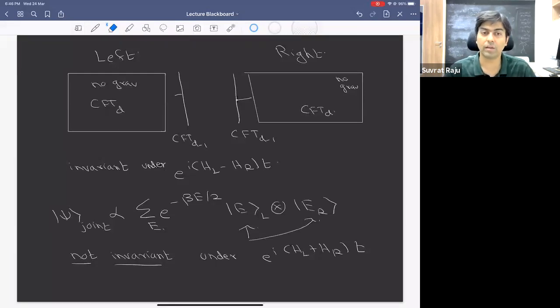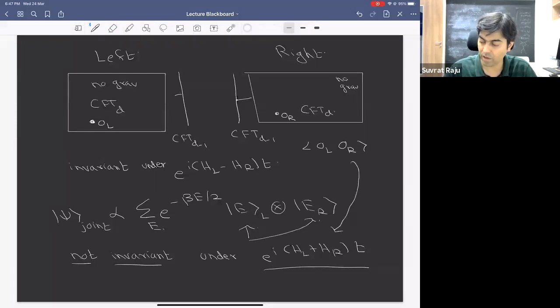And such correlators may have interesting behavior as you evolve them in time under e to the i(H_L plus H_R)t. Right? Of course, if you just take correlators on one side, that's just the thermal density matrix. On the other side, that's just the thermal density matrix. But if you take joint correlators, like you insert O_L here and O_R here, then this two-point function O_L O_R may have interesting behavior under this, or in general will have interesting behavior under this.